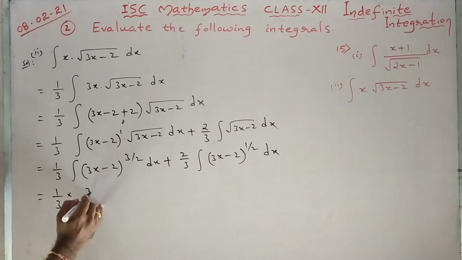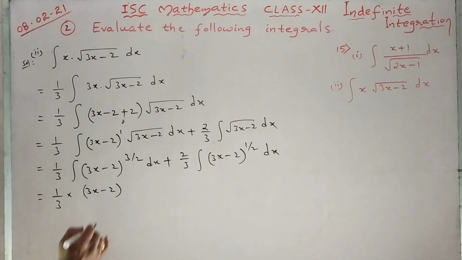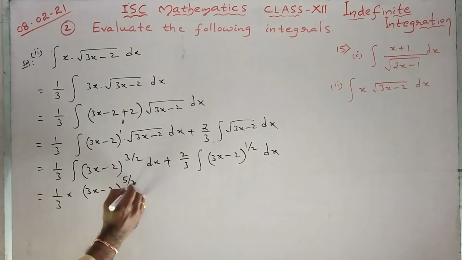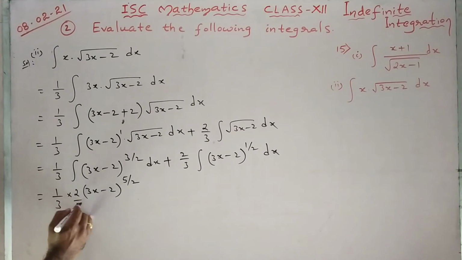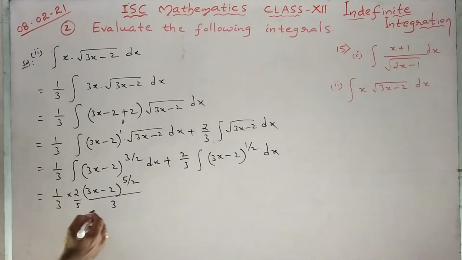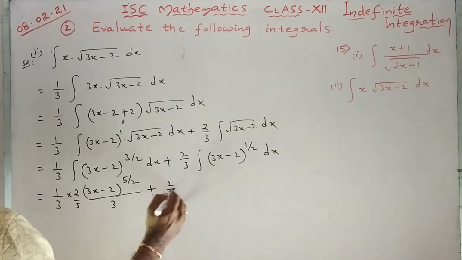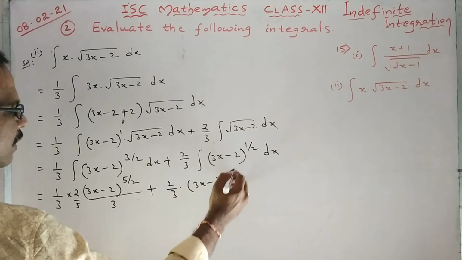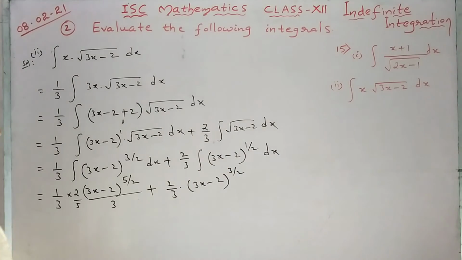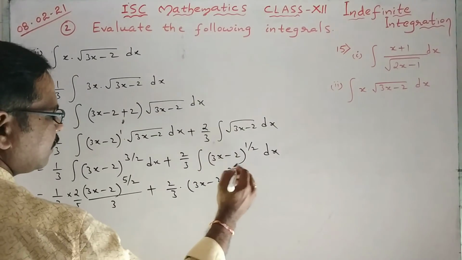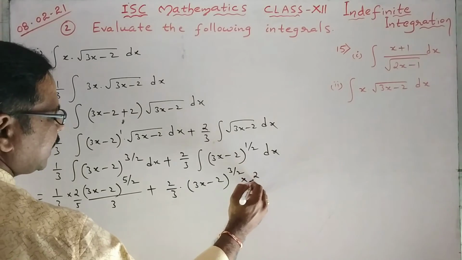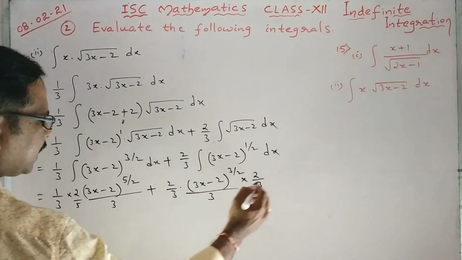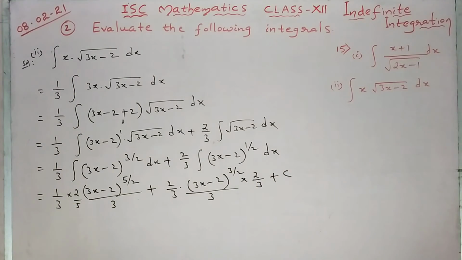X power n integration, x power n plus 1: 3 by 2 plus 1, 5 by 2, 2 by 5 will come here, and the x coefficient 3 in the denominator, plus 2 by 3 into (3x minus 2) whole power 3 by 2, 1 by 2 plus 1, 3 by 2, and by 3 by 2 will be coming to the numerator, and write the coefficient of x in the denominator, plus c.